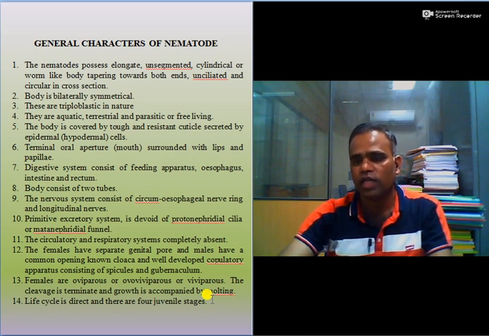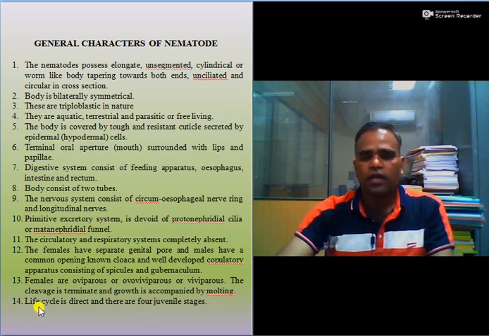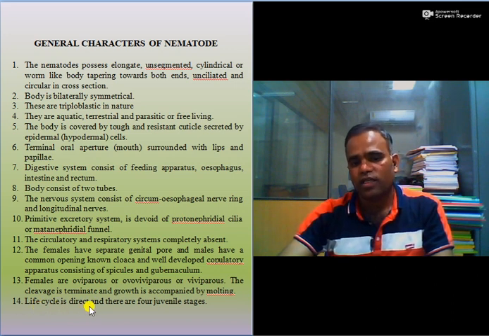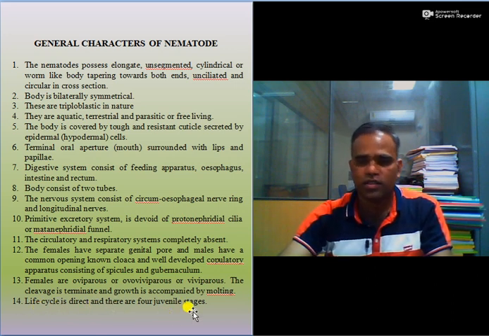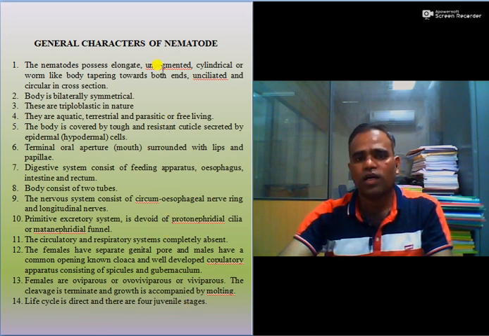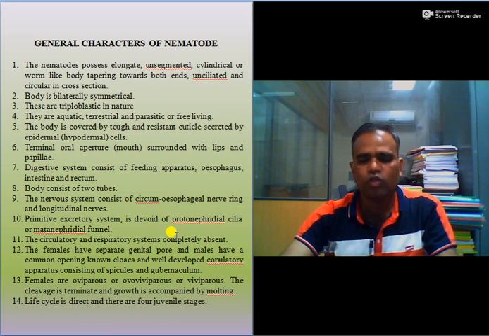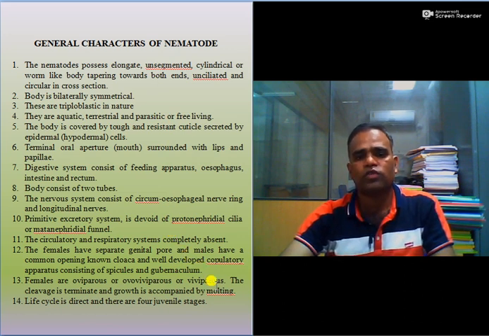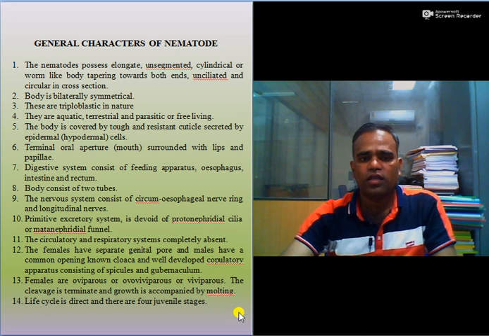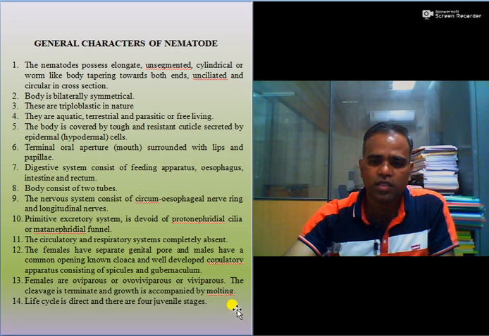There are 4 molts that occur: egg, 4 molts which give rise to juvenile 1, juvenile 2, juvenile 3, juvenile 4 and adult. And the nematode life cycle is direct. There are 4 juvenile stages. So these are some of the general characteristics. A number of other characteristics you may include, as we have studied very well about all the morphological features of this nematode.